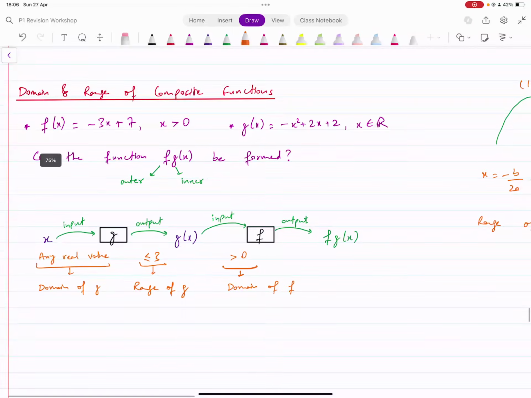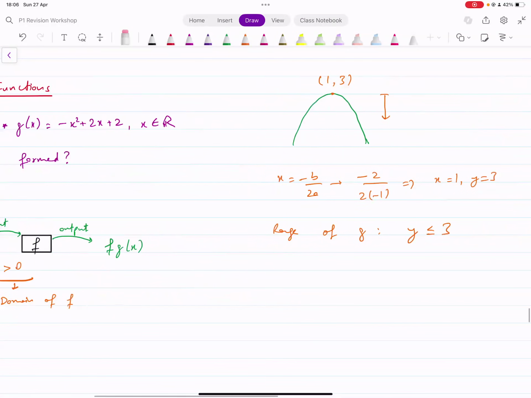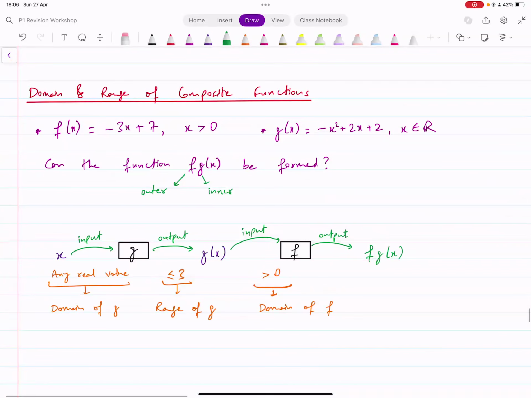For instance, in this case, if you find the range of this function g, it's a quadratic function, you can find the range of this. The range of this function turns out to be y less than or equal to 3. So it can give you any value that's less than or equal to 3. So at this step, the function g could give you any output that's less than or equal to 3. But the problem is the function f can only take values that are greater than 0. And now we've got a problem because the function g can give any output that is less than or equal to 3. Less than or equal to 3 also means that you could have some negative values.